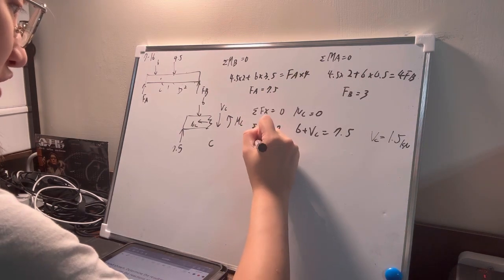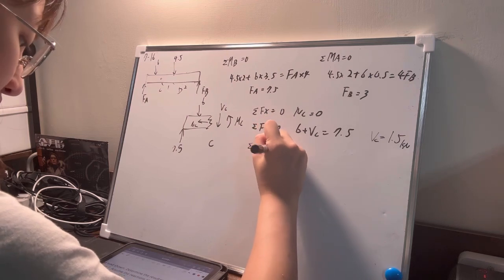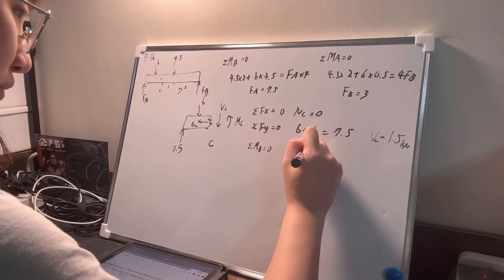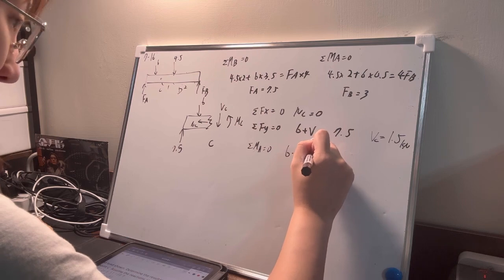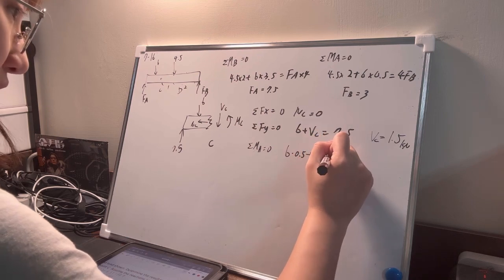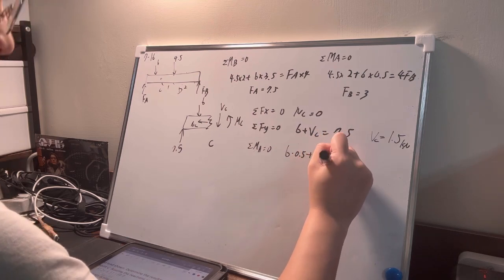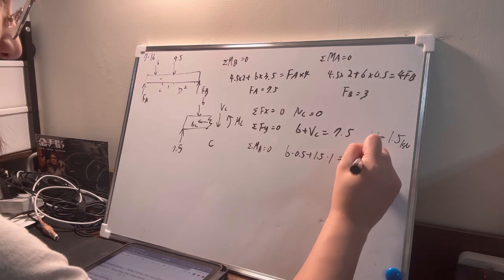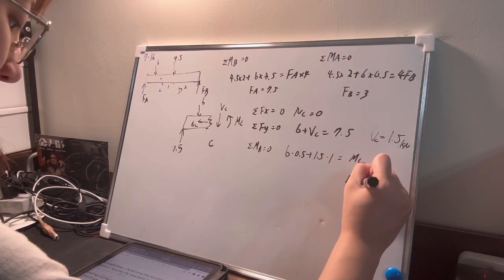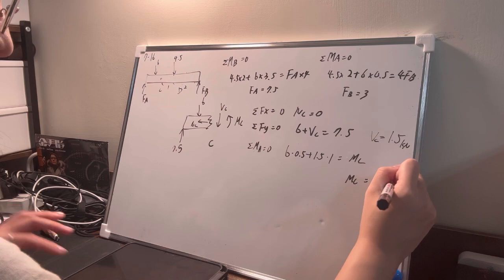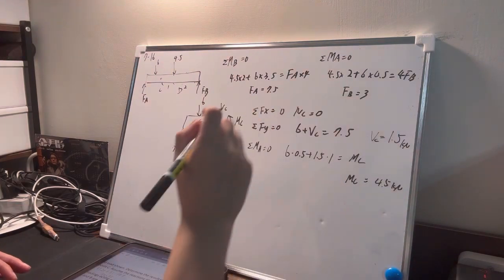And if summation of moments about A is equal to 0, so 6 times 1.5 plus 1.5 times 1 is equal to MC. So MC is equal to 4.5 kN here.